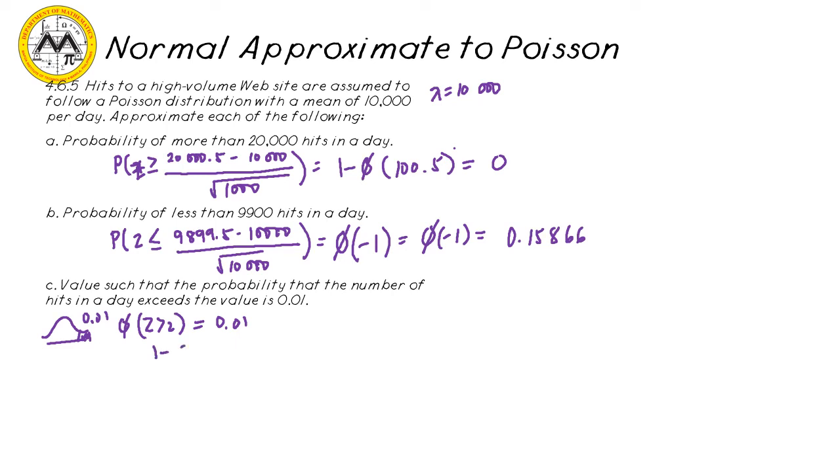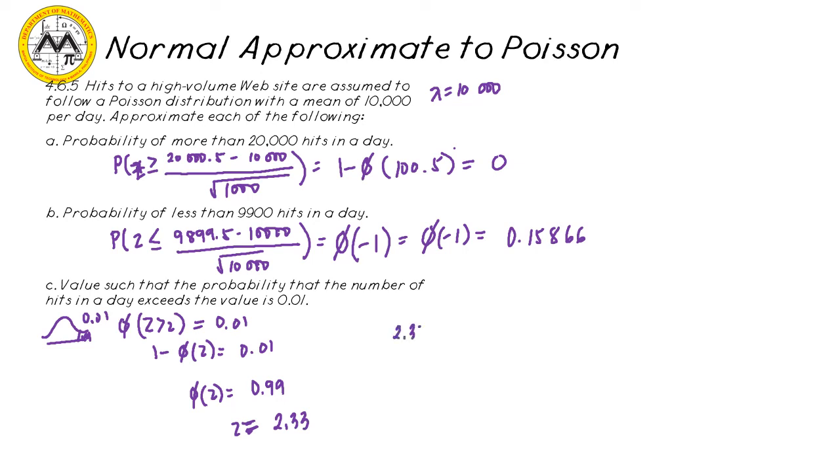So this is 1 minus phi of z is 0.01, so phi of z is equal to 0.99. The value of z here, let's check whether it is 2.33. So I think it's indeed 2.33.